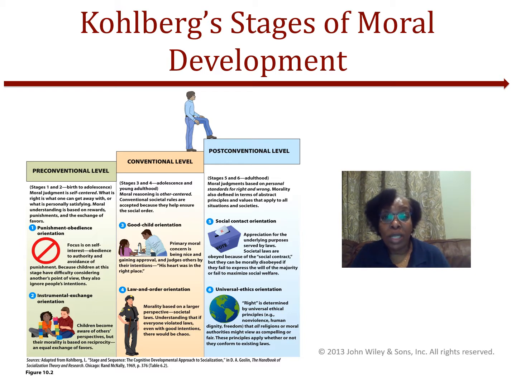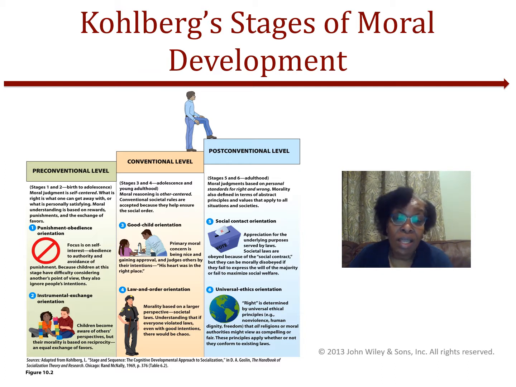Now, Kohlberg believed that, like Piaget's stages of cognitive development, his stages of moral development are universal as well as invariant. That is, they supposedly exist in all cultures, and everyone goes through each of the stages in a predictable fashion. So when you're looking at the pre-conventional level, and I know that this is real small with writing, just know that stages 1 and 2 go from birth through adolescence, in which the moral judgment is more self-centered.